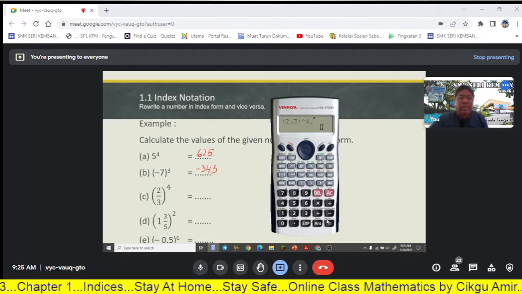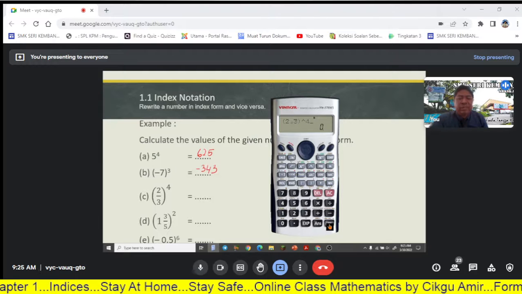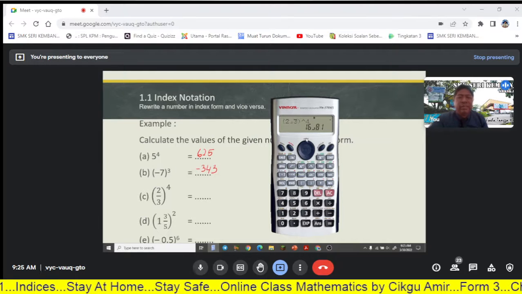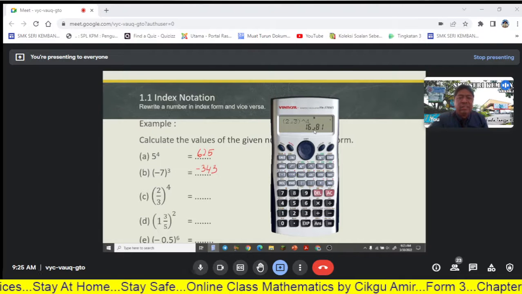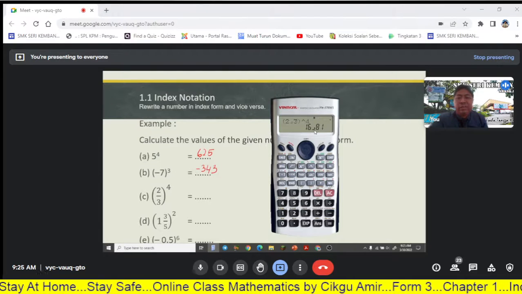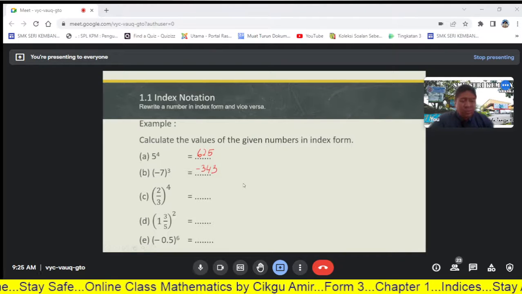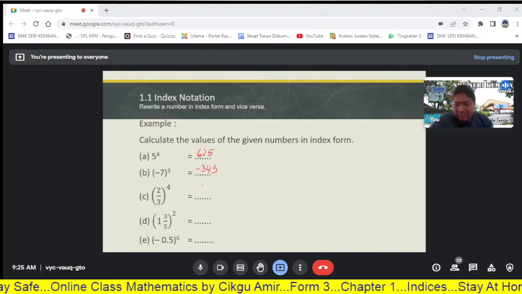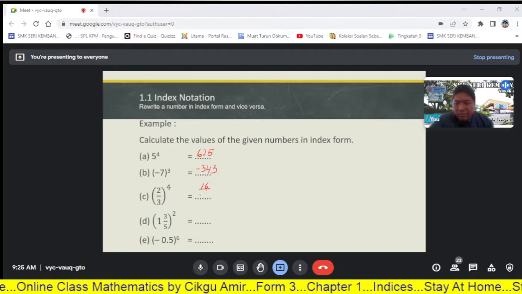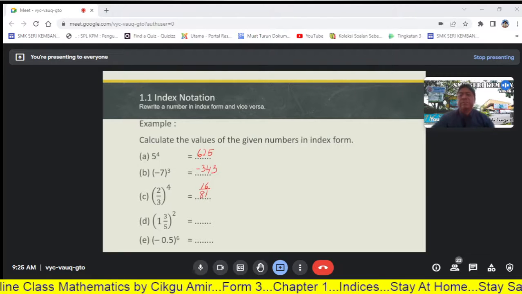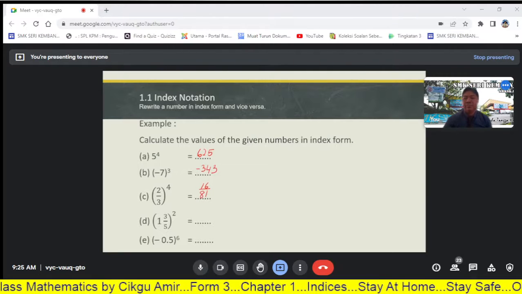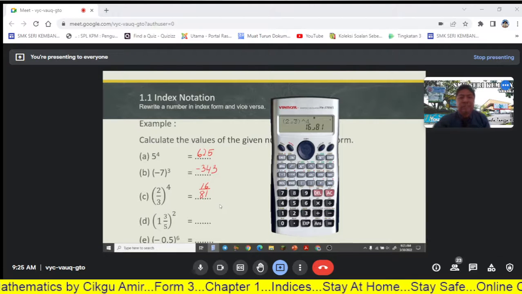Then press the equal symbol. The answer is 16 over 81. Write down the answer, 16 over 81.